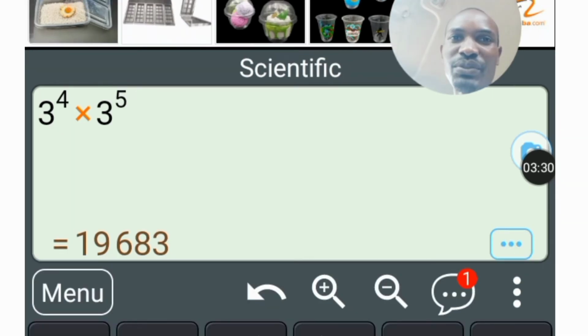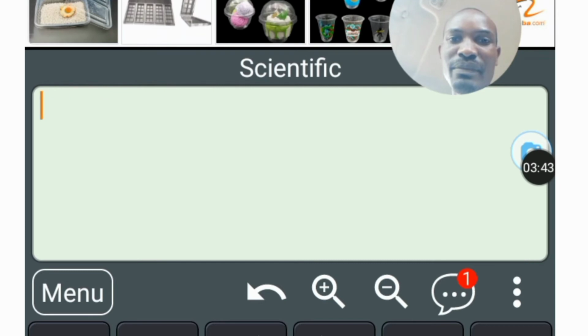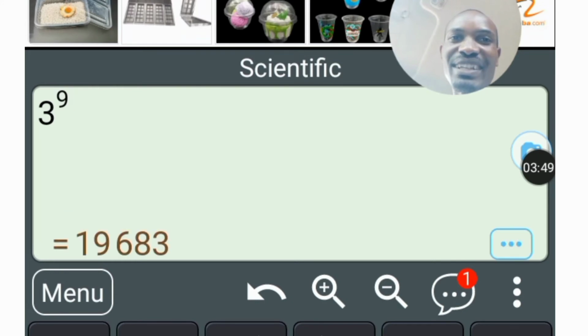How about if we punch in only 3 and then we add the indices together, which is 4 plus 5, and then we punch in 3 to power 9. Let's have a look at that. 3 to power 9. The answer is the same, 19,683. Wow, this mathematician was very clever.